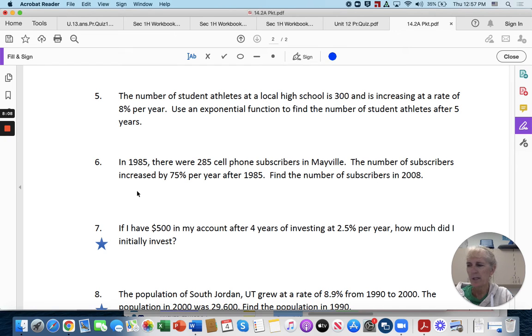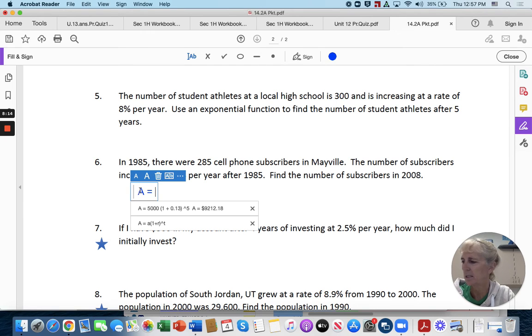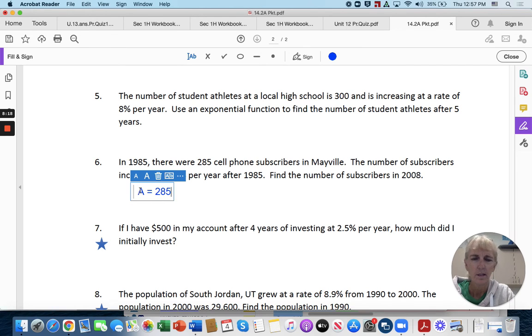Okay, so what we want to do is we say that the amount equals, okay, how much in the beginning? 285. And we're going to say that is 1. We always have a 1 plus something. And we're going to say it increased by 75%.